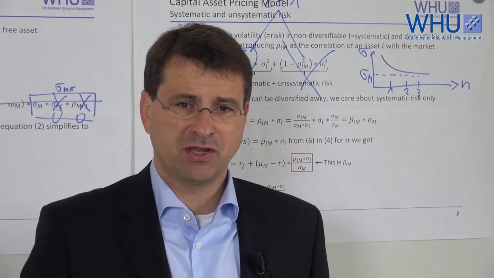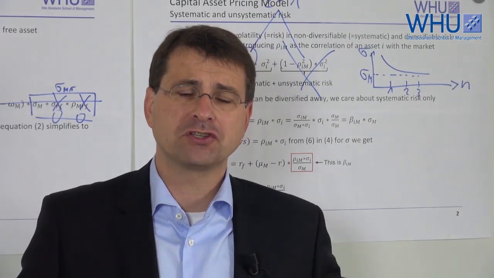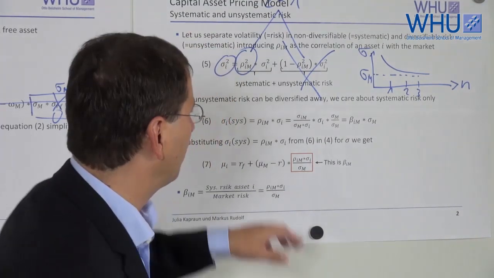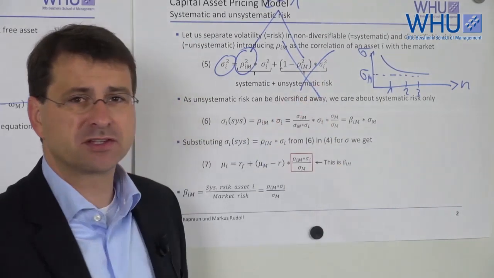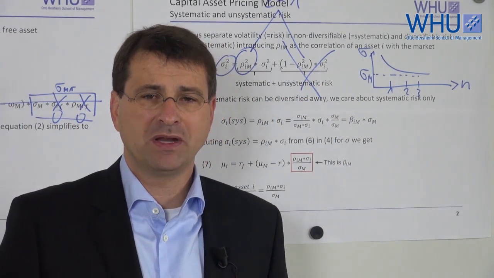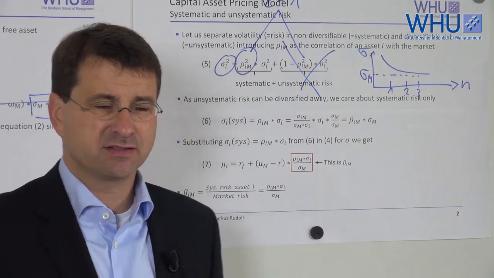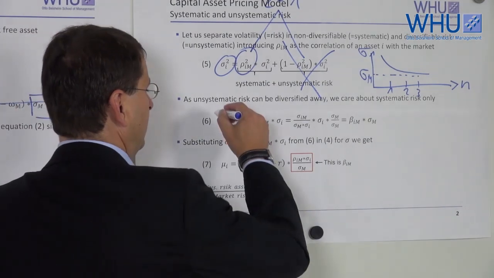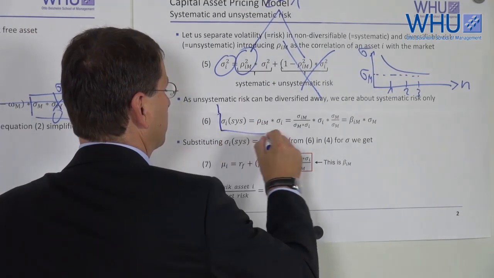In an equilibrium situation, nobody is paying you a risk premium for a risk that you don't need to hold. So therefore, the diversifiable risk or the unsystematic risk is not relevant in an equilibrium situation when it comes to the evaluation of assets. So therefore, the only risk which is relevant in the end is the systematic risk component.